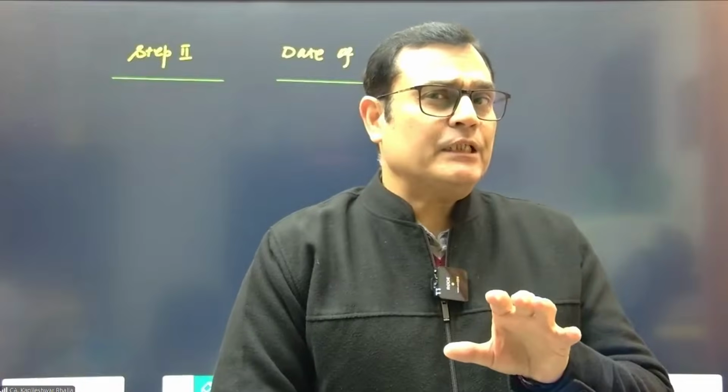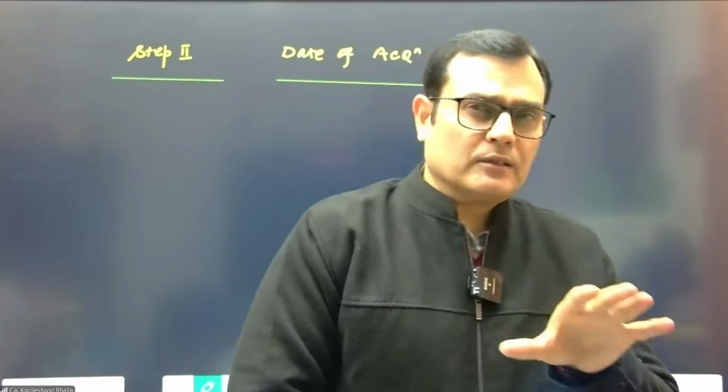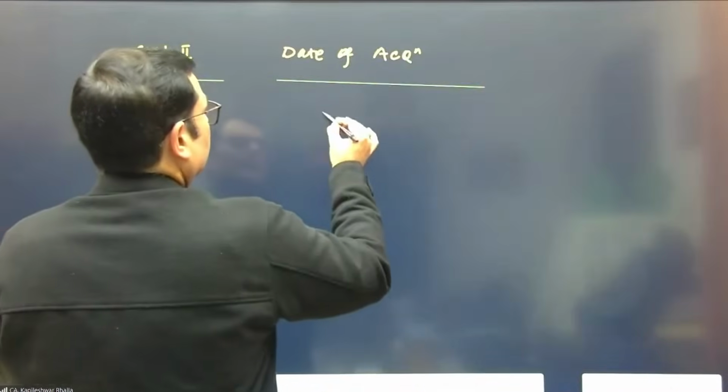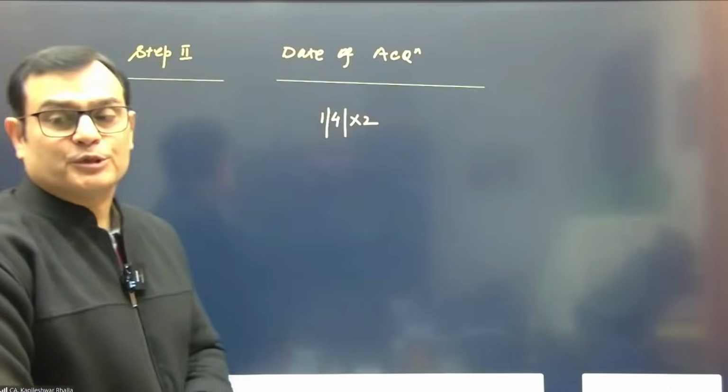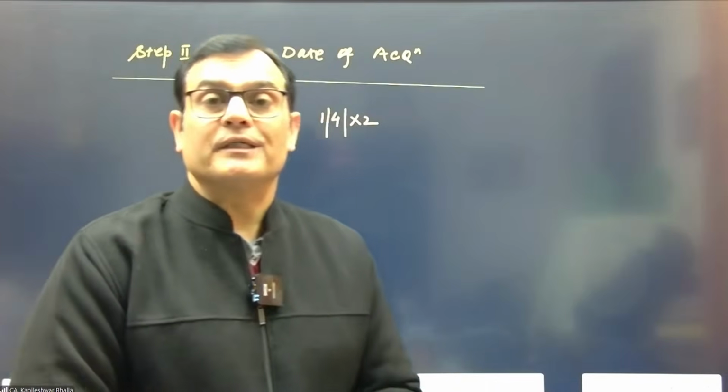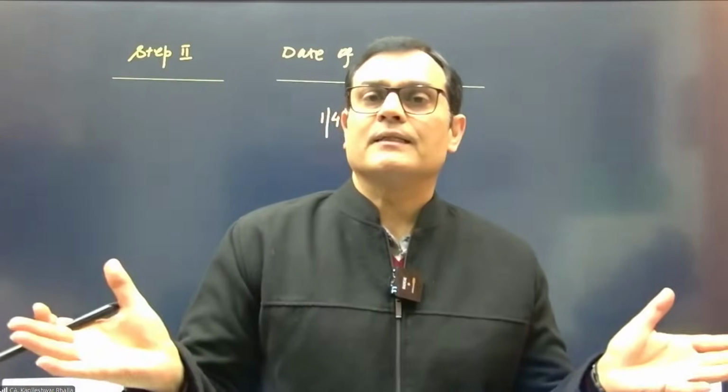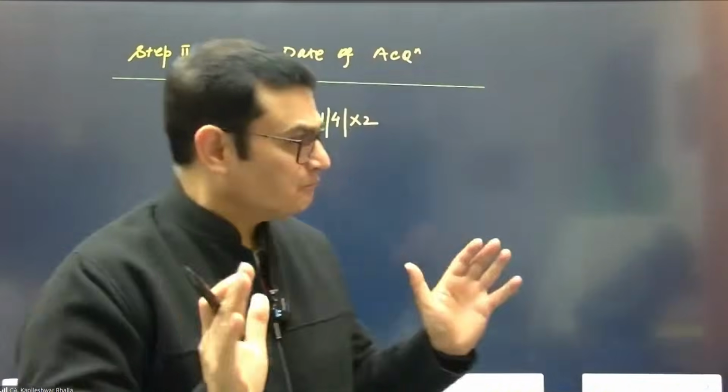We are not given any information which tells me that the control precedes the closing date. So in this case, we can conveniently consider 1st April X2 as the date of acquisition. That is the date when the control is coming in. I think step number 2 is pretty simple and straight.